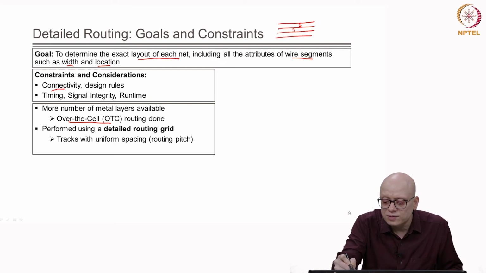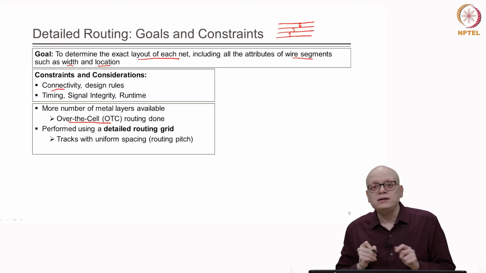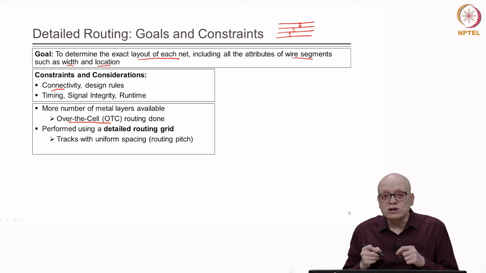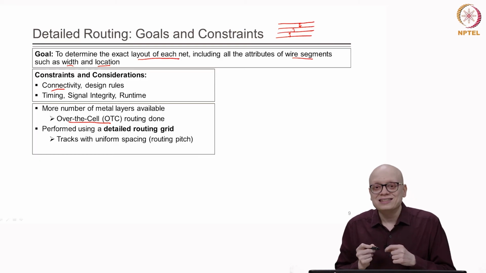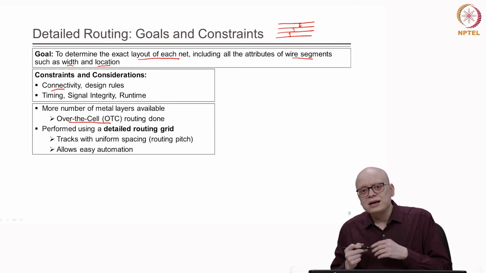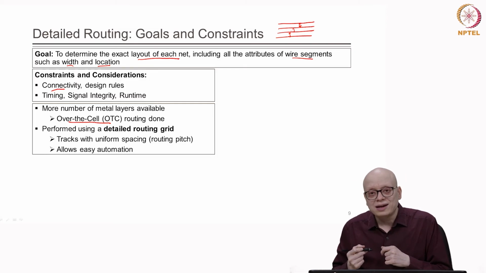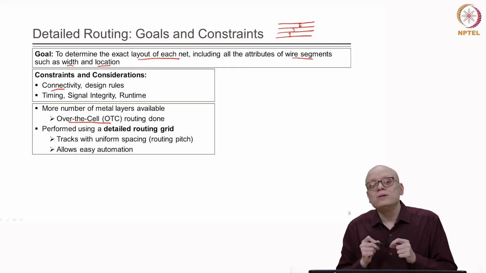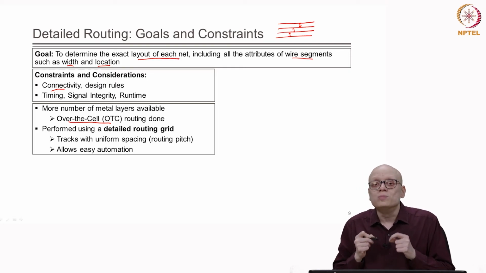This spacing is the same for all of them, right. And this spacing is known as the routing pitch, and what should be the spacing of these routing tracks will come from the foundry. And why do we create these routing tracks and why does the router work at the abstraction of tracks? It is because it allows us to do automation.